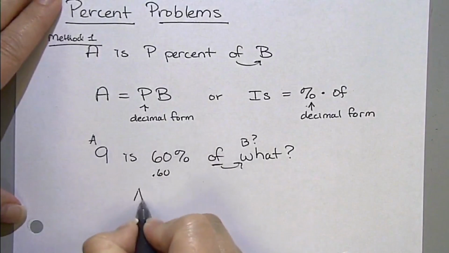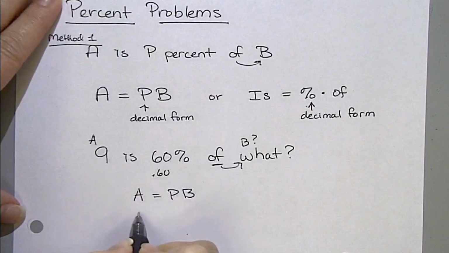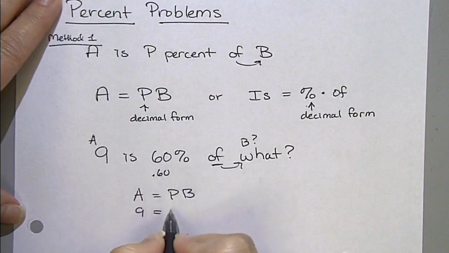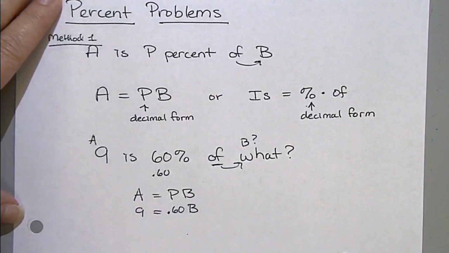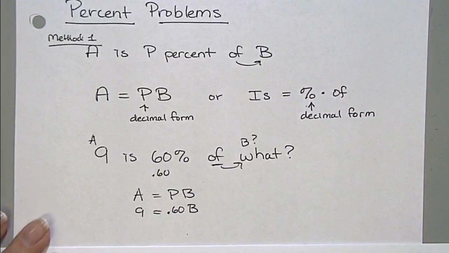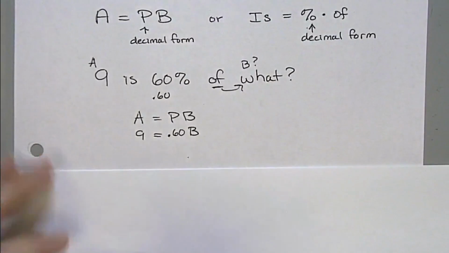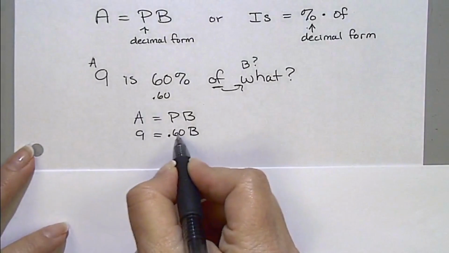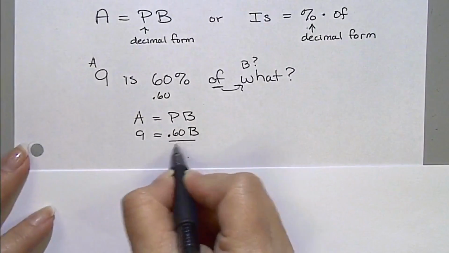So substituting it into this formula, the 9 has to go here. The percent is 0.60, and we do not know B, so I'm going to leave B in the problem. So this is just a basic algebra problem now. We need to get B by itself. So right now it's 0.6 times B, so the opposite would be to divide by 0.6.